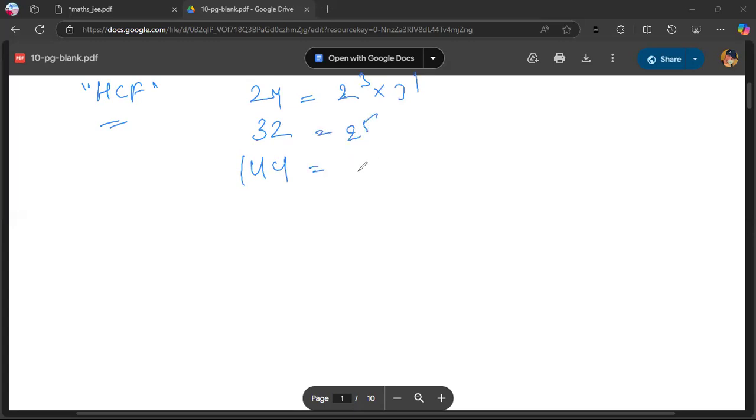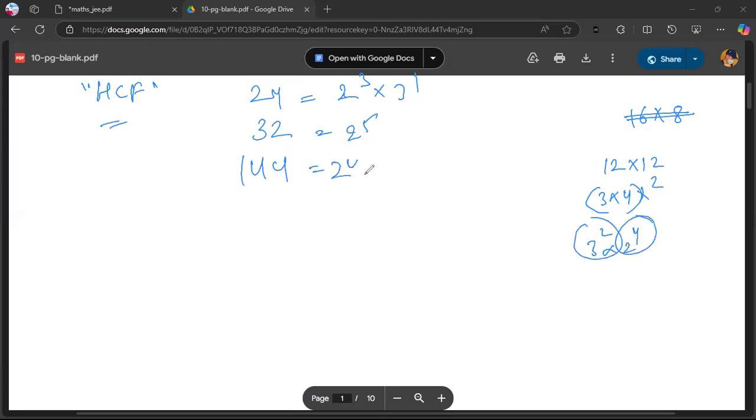And 144 is 12 into 12, which is 3 square into 4 square, that is 3 square into 2 raised to power 4.